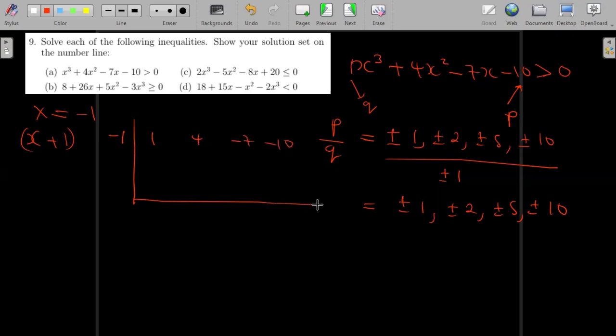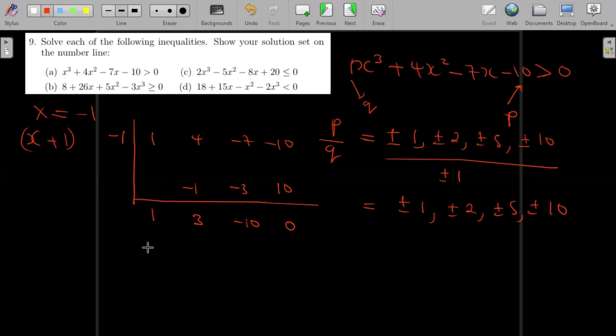Then 1 plus nothing gives you 1. 1 multiplied by the negative gives you -1. Add here, you get 3. 3 by the negative gives you -3. So -7 plus -3 gives you -10. Multiplied by the negative, it gives you +10. And this gives you a remainder of 0, which we got before.